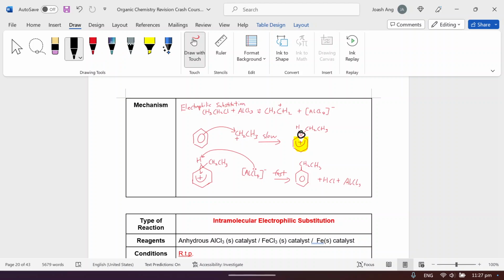So this circle must point towards it. It is to show that there are 5 carbon atoms that are involved in the delocalization of pi electrons.